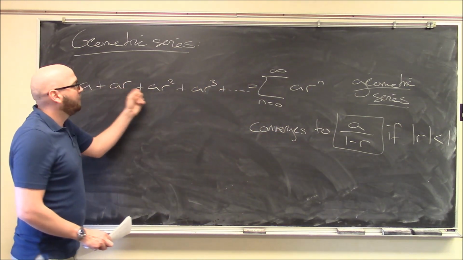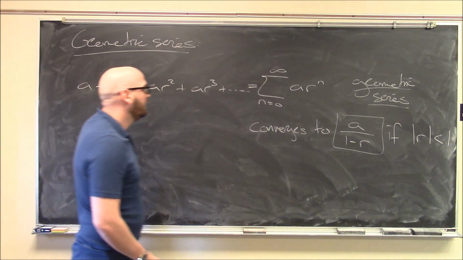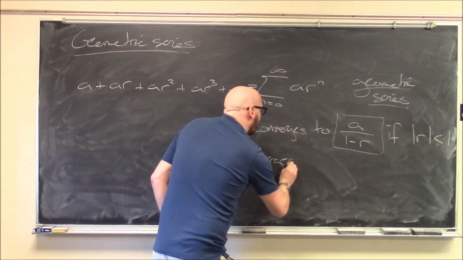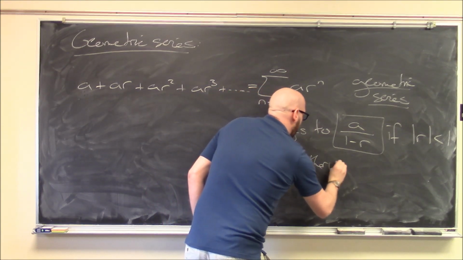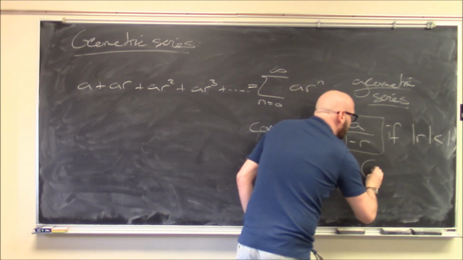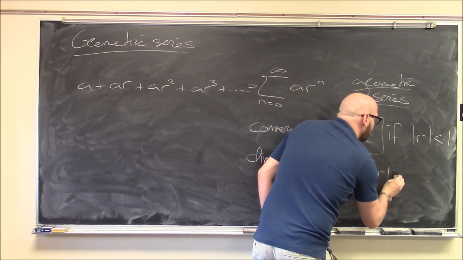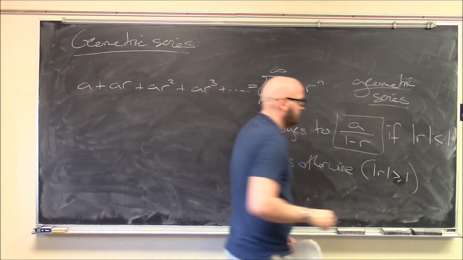It's the term you multiply by every time to get the next term in the series. And it diverges otherwise. Alright, so by otherwise, I mean absolute value of r is bigger than or equal to 1.